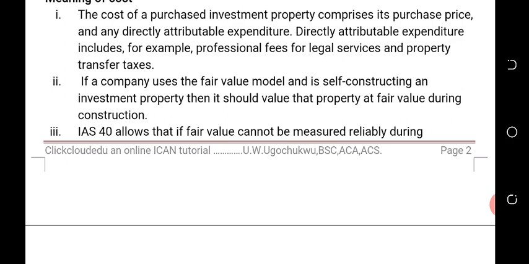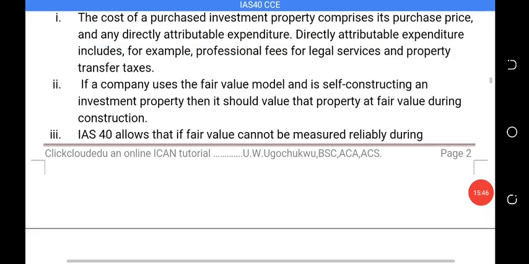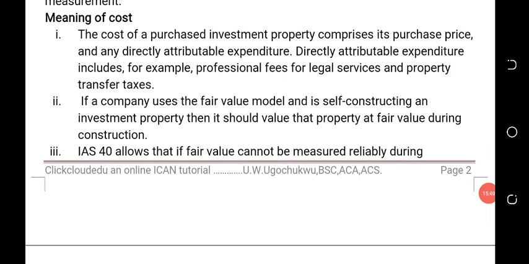The standard says that if an entity is constructing an investment property internally for its own use as an investment property, the company should use the fair value model during the construction phase, if they can ascertain the fair value of the asset at each point.